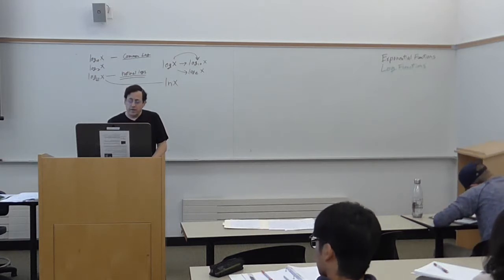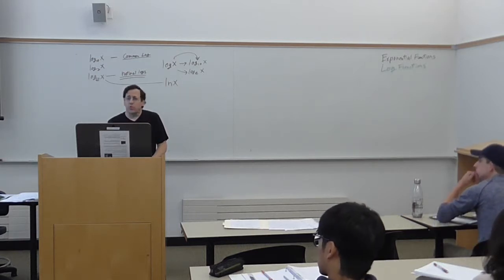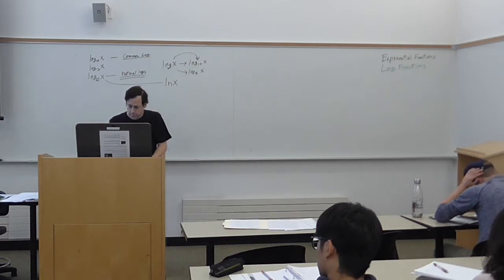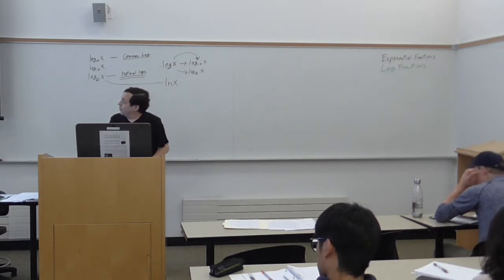The domain, well, there's no log of 0 or log of a negative number. Those are undefined, just like dividing by 0 is undefined. So the domain is all numbers greater than 0. But the range, you'll see, is all reals.